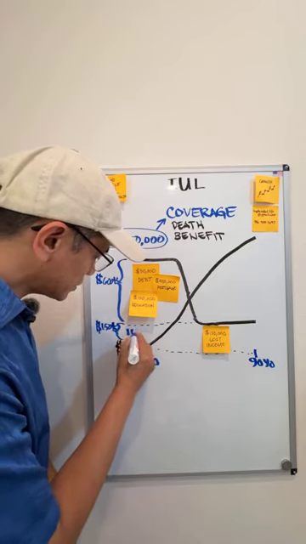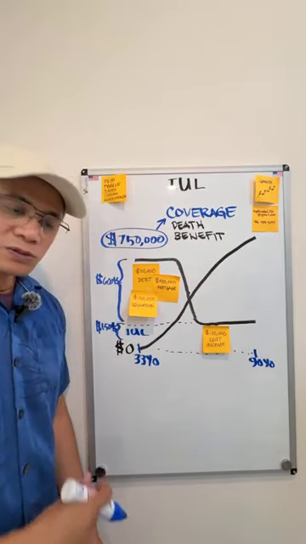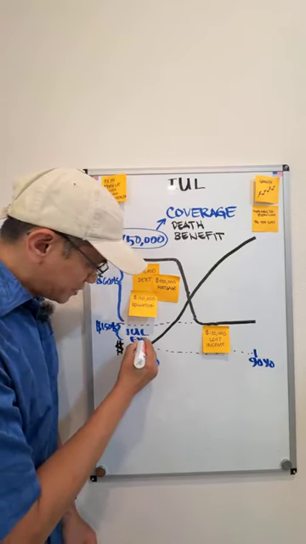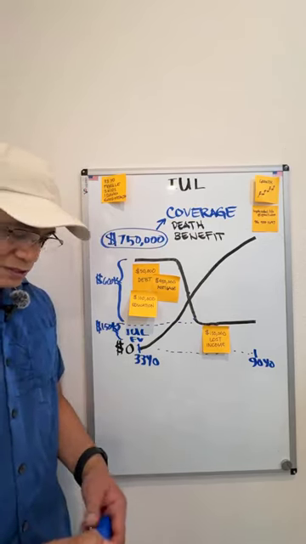This is going to be what's going into the IUL base amount, or face value. We're going to set it to $150,000.